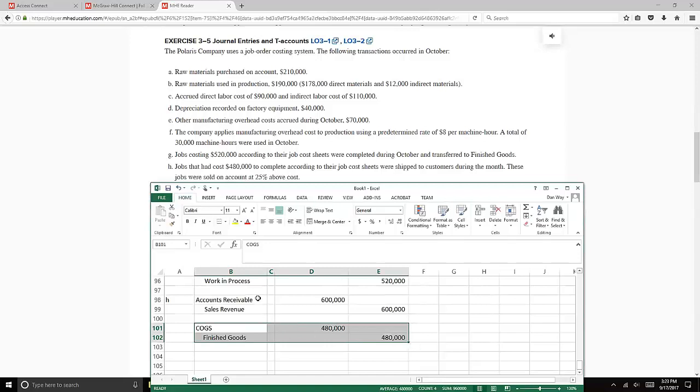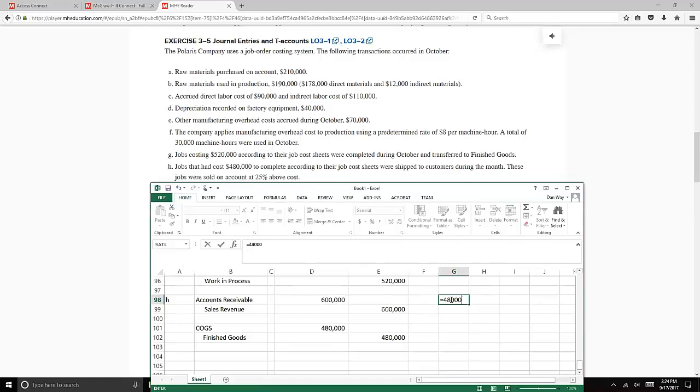But then for the sale itself, we wanted to book an account receivable and sales revenue for the amount that we would have charged the customer. We were told that we sold these things at 25% above cost. So another way to think of it is, if our cost is $480,000, 25% of that is $120,000, and that would be the markup on those jobs.